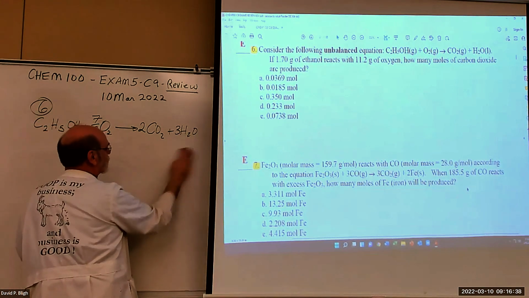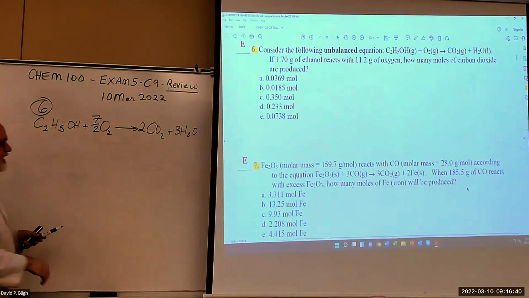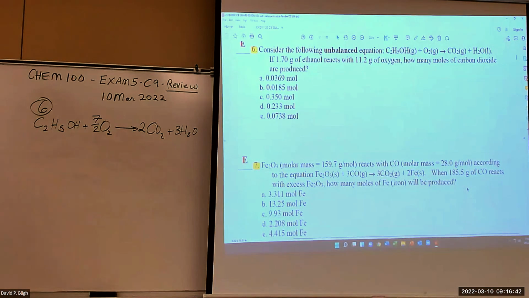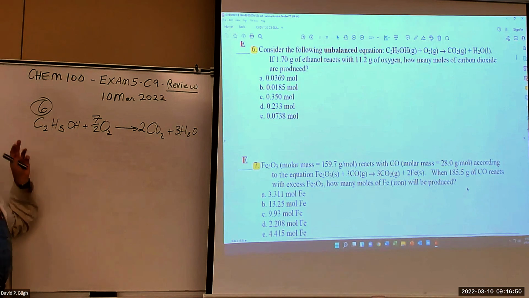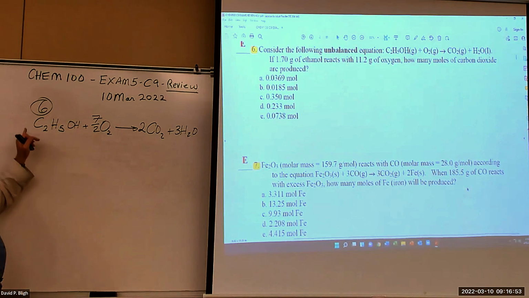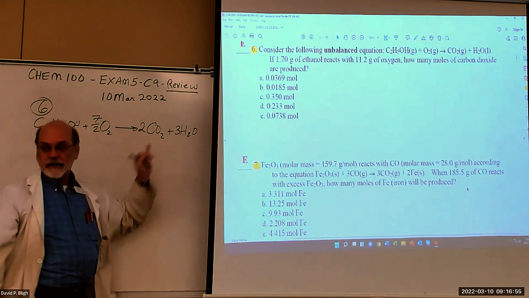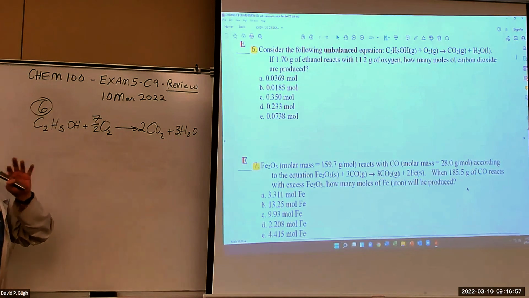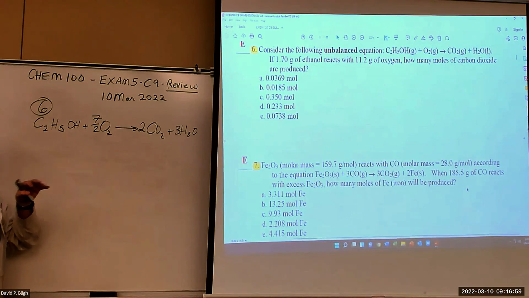Just to be consistent, we want to make all the coefficients whole numbers. To work the problem, actually, you don't need that. You could work it from here because the ratios now are established. It's 1 to 7 halves to 2 to 3. That ratio is fixed now with a balanced equation. So we could use this if we wanted to.